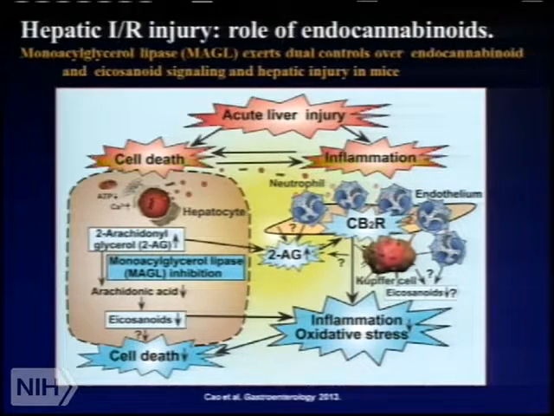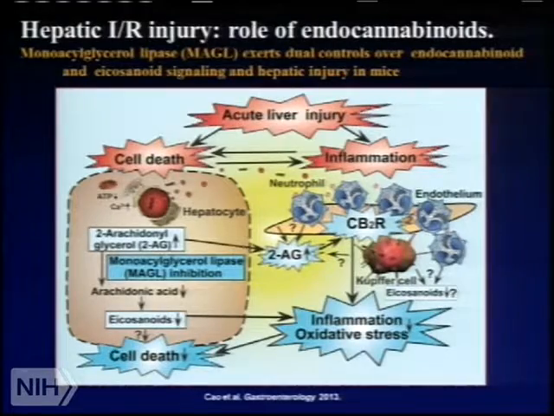But on the other hand, we also decrease the arachidonic acid formation and production of COX-2-derived prostaglandins. So inhibition of this enzyme in these acute injury models in the liver and in the brain behaves like a combination of a CB2 agonist and COX-2 inhibitors.